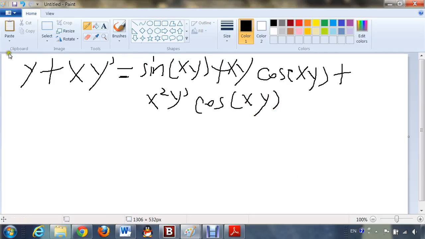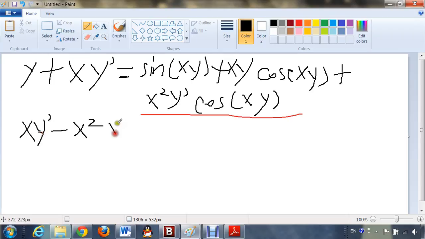Okay, so now to group the y prime terms together, we'll move this term to the left, so it will become y prime minus x squared y prime cosine xy.